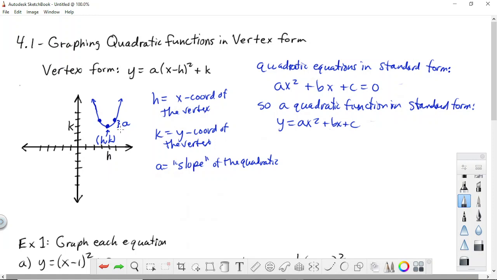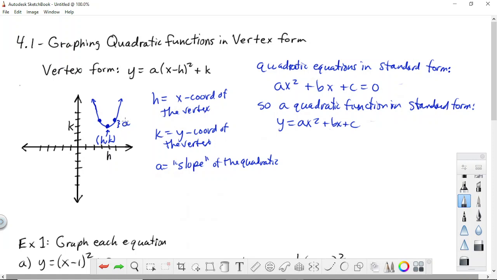So if a is 4, for example, for every 1 unit you go out from the vertex, you would go up 4. It would be a really steep shape, more like this, because for every 1 that you go out, you go up 4 to get a point. If a is just a fraction, then it's very shallow and it doesn't go up very much at all.